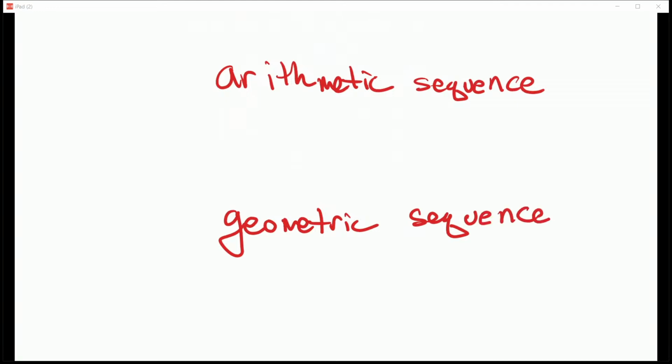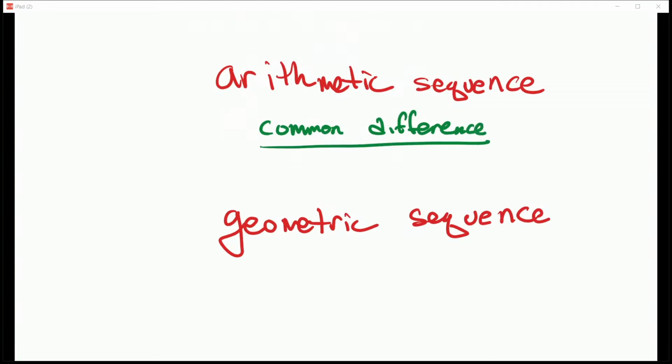The first one is common difference, the definition of an arithmetic sequence. So pick a number, any number like 7, and then pick another number like 3. Just add 3 to 7 continually, and you have an arithmetic sequence. So 7, 10, 13, 16, 19, etc.